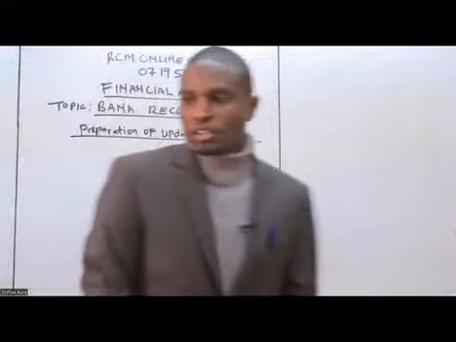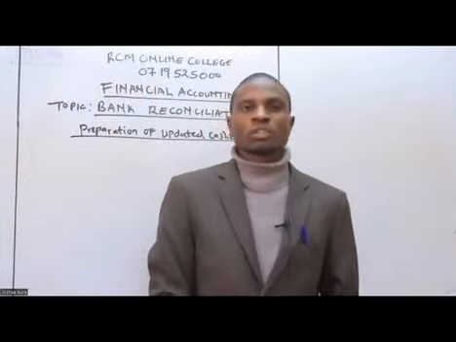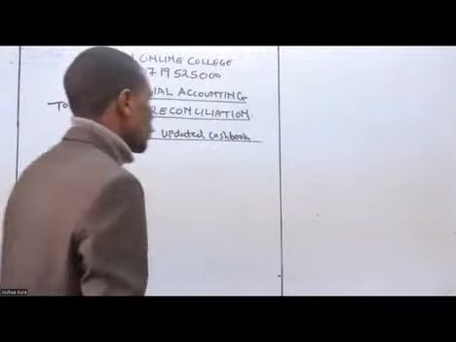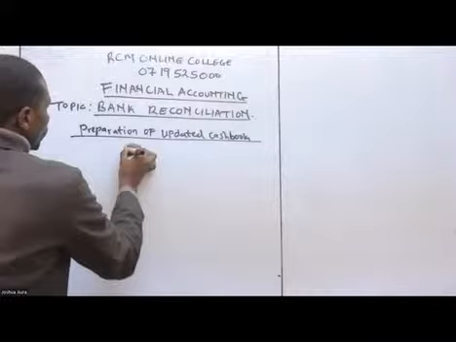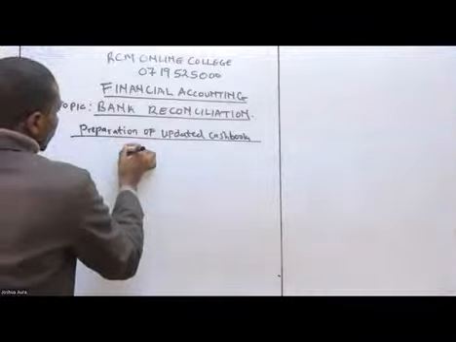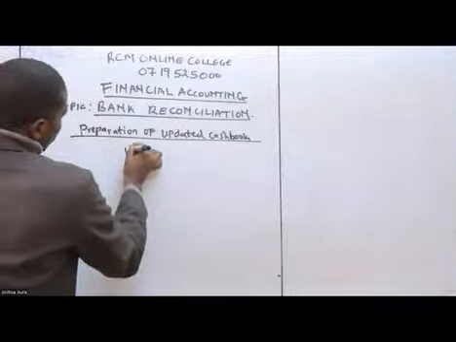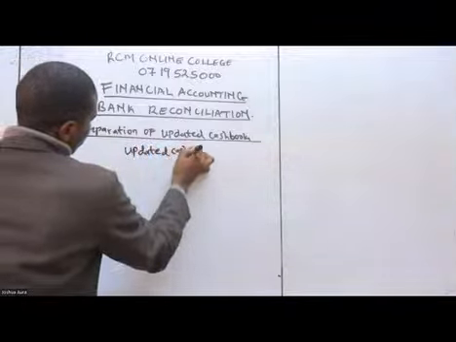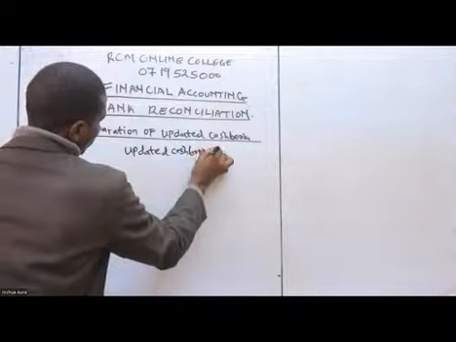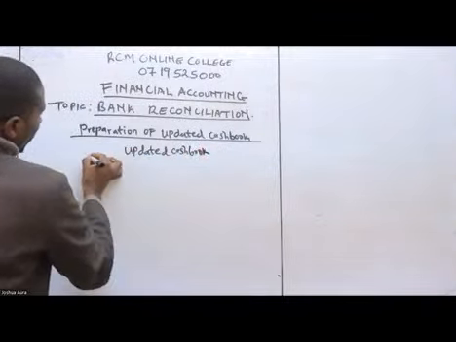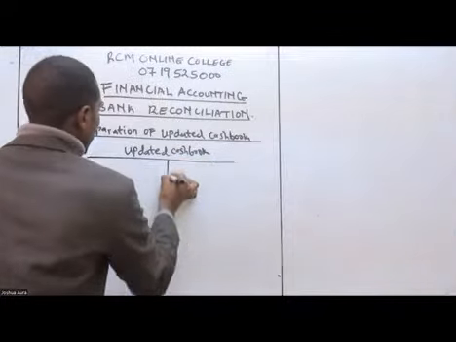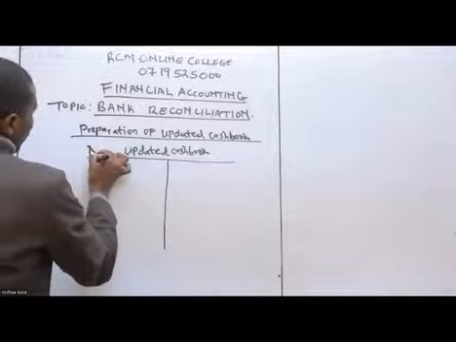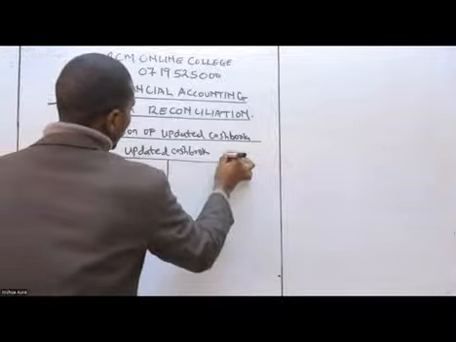As usual, we shall have a T account with the debit and the credit side. So this is an updated cash book. This is our debit side, and this is our credit side.